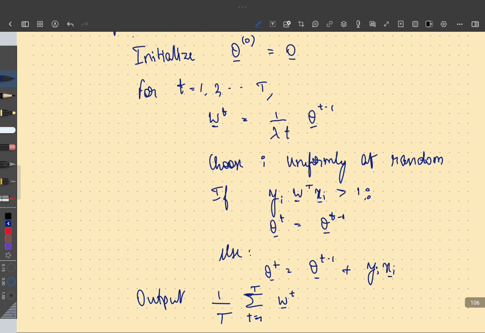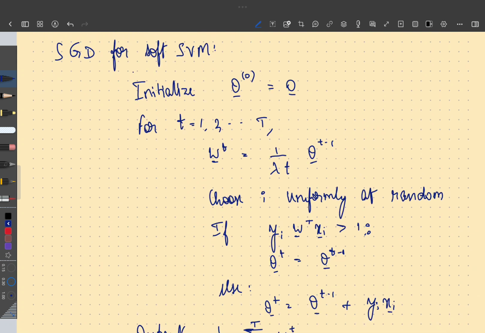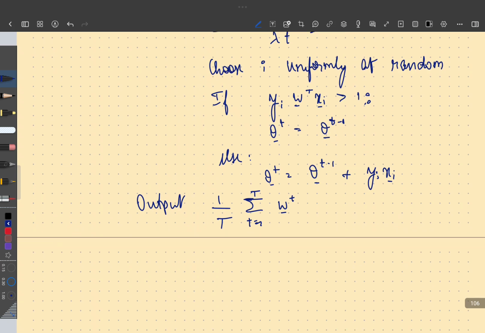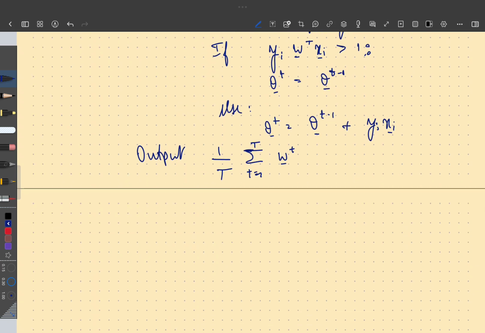Okay. So this algorithm also inherits the convergence properties that stochastic gradient descent could provide us. All right. So far we were mostly concerned about the rate of convergence of these algorithms, and we saw two algorithms, hard SVM and soft SVM. Why does the algorithm look very similar to the batch perceptron?